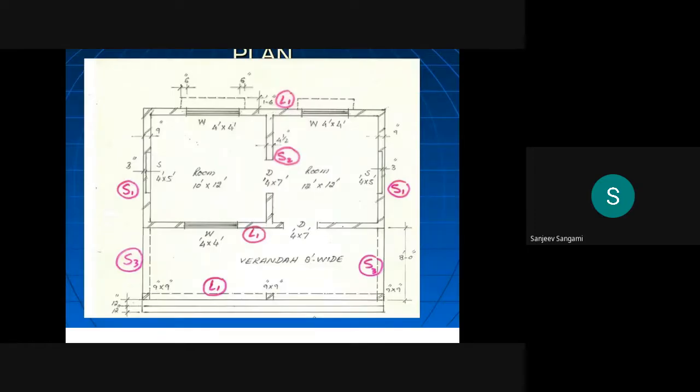This also you can do, try to work out this problem. Of course, normally how exactly can it be calculated for a room? The reason I gave this problem is that here everything is given in feet and inches.